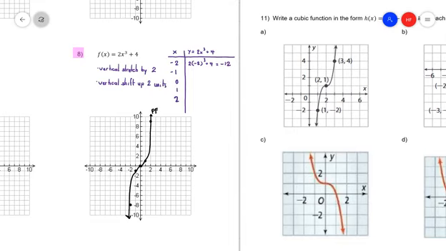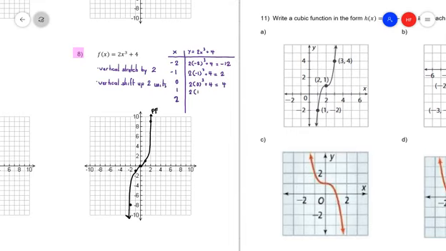We'll do the same thing with the next point. We have 2 times -1 cubed plus 4. So we would have -1 times 2, which is -2, and plus 4 is +2. We would have 2 times 0 cubed plus 4, which would be 0 plus 4, which is just 4.